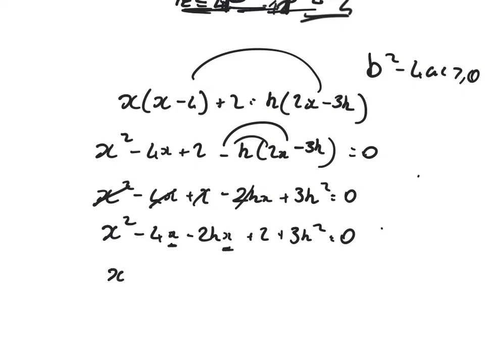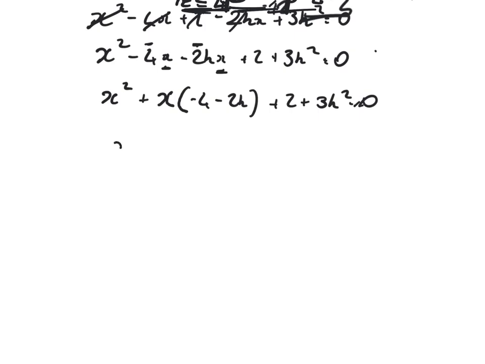So identifying b could be tricky, but it's actually quite easy if we just think about it clearly. Take out a common factor of x, and then whatever's inside the bracket will be b. So that would be minus 4 from here and minus 2k from here, plus 2 plus 3k squared is equal to 0.